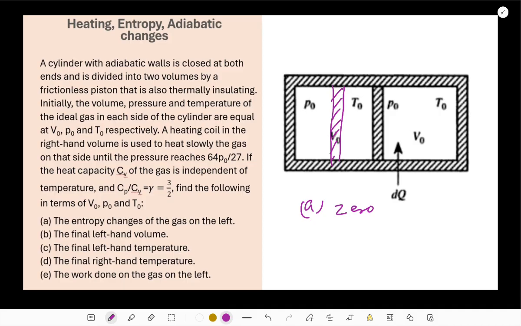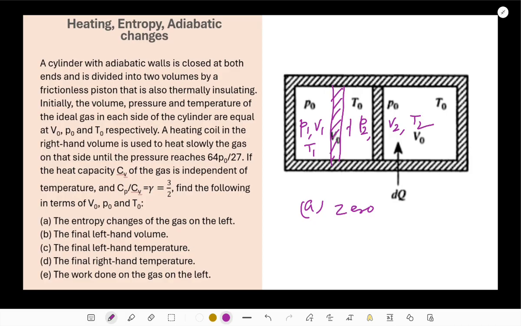The left hand side might have pressure P1, volume V1 and temperature T1, and in a similar manner the right hand side may have pressure P2, volume V2 and temperature T2. We need to find the final left hand volume.